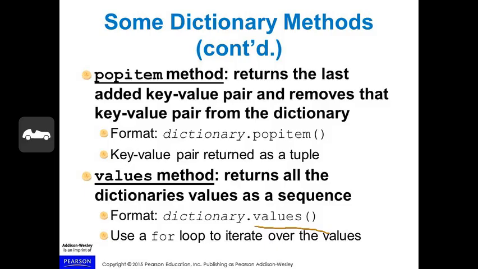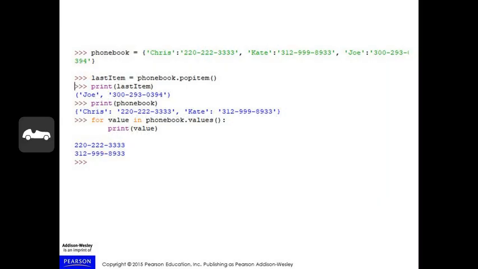So phone book, if I call popitem, the last item, which is this one that was added to the phone book, will be returned as a tuple and then popped out, because if you try to print this phone book, you will see that Joe is gone, only Chris and Kate.